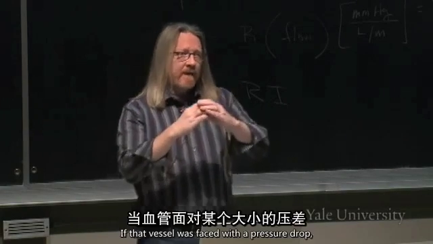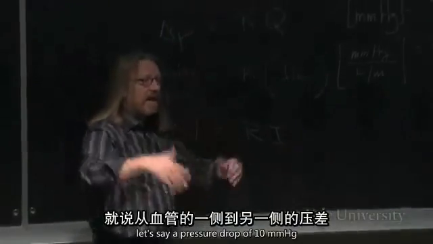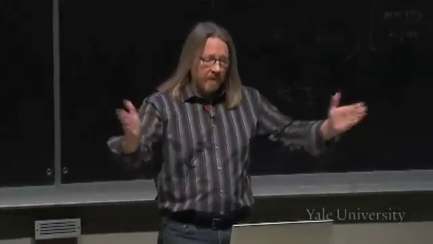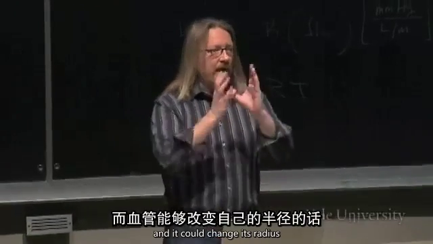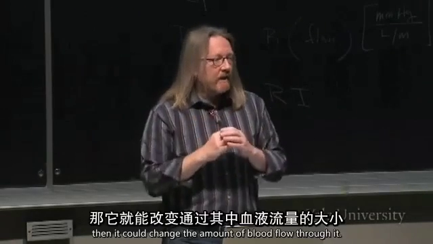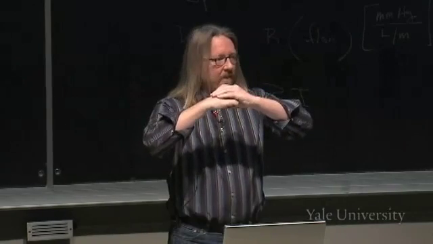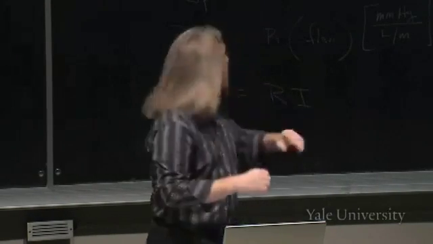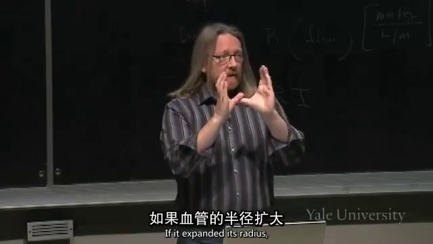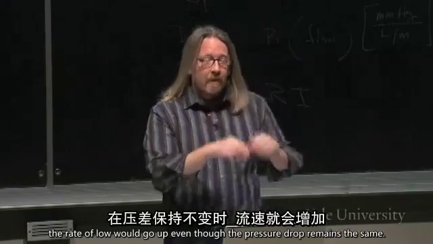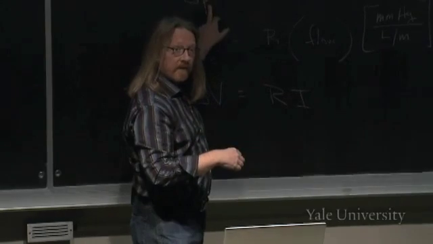If that vessel was faced with a pressure drop of 10 millimeters of mercury from beginning to end, and it could change its radius, then it could change the amount of blood flow through it. If it decreased its radius, the rate of blood flow would go down, even though the pressure drop stays the same. And if it expanded its radius, the rate of flow would go up, even though the pressure drop remains the same. Does that make sense?